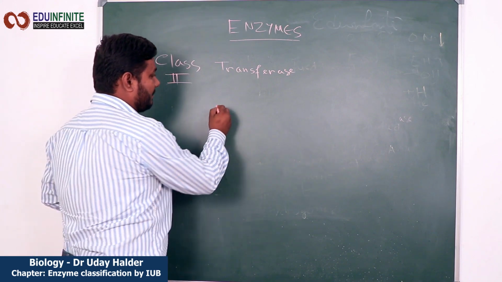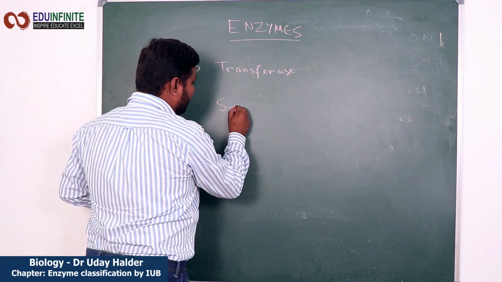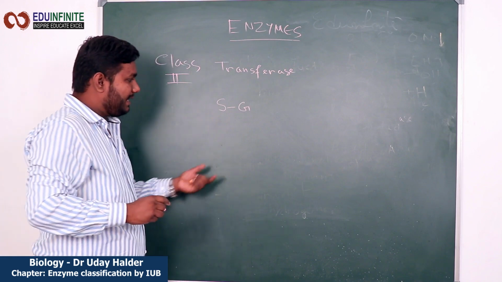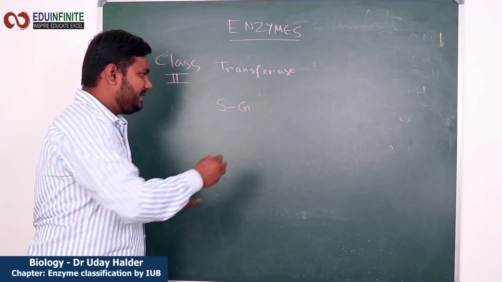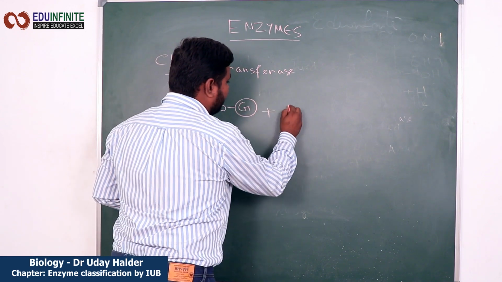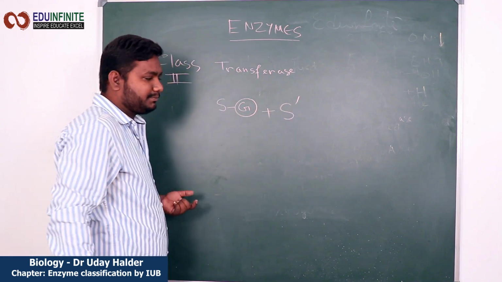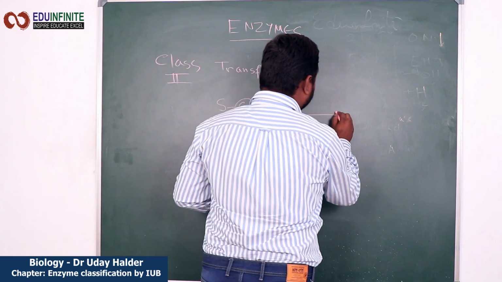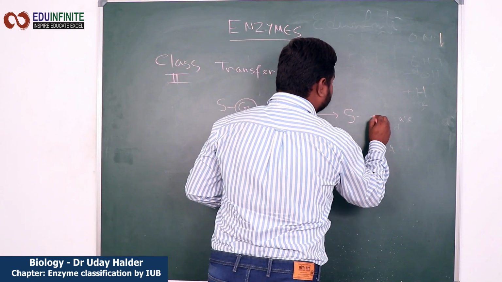Let's take an example. Let's say S bond G, SG. This is a compound. G here stands for a group. It is reacting with another substrate S dash. Now, after the reaction, what is formed?